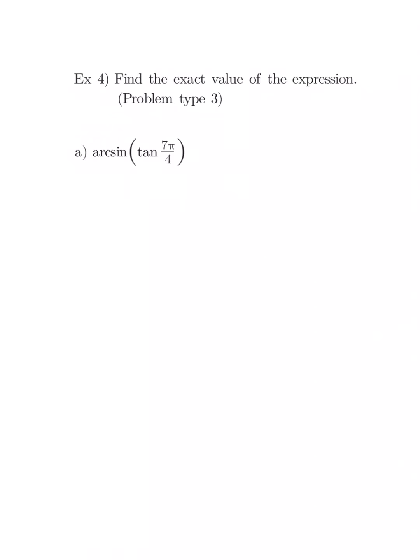On this one, the inside part is tangent of 7 pi over 4. So use your unit circle, find the tangent of 7 pi over 4. Well, tangent of 7 pi over 4 equals -1. So now our problem becomes arcsine of -1.